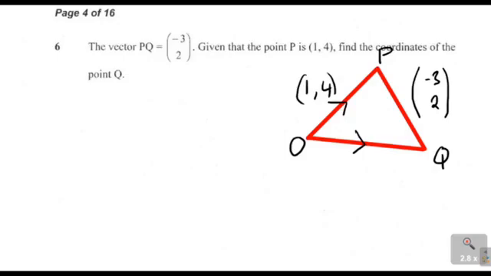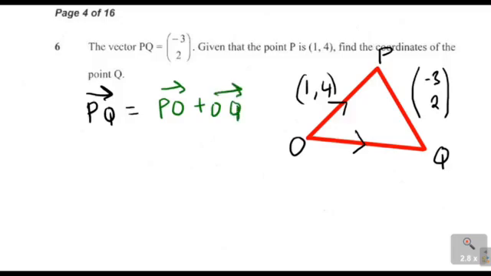So first thing, we are going to find the column vector of Q, which is OQ. So if we say PQ is equal to, if you want to move from P to Q, you say PO plus OQ. So PQ is equal to PO plus OQ. Now when you look at PO, it's against the direction.